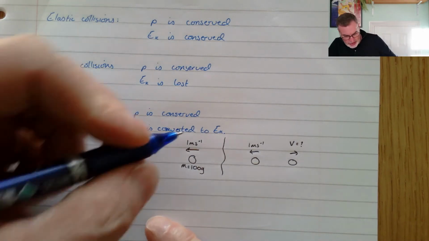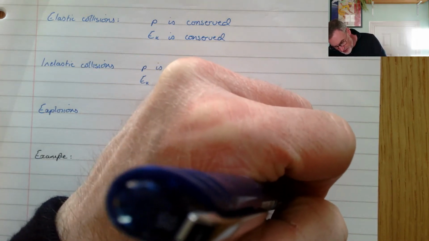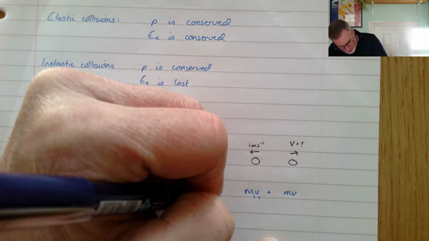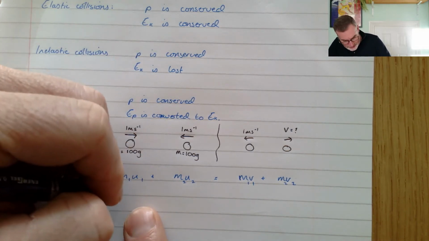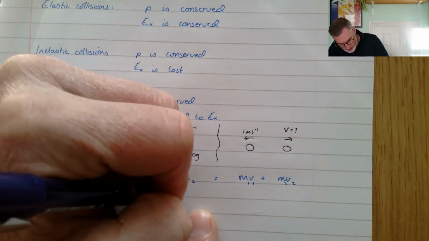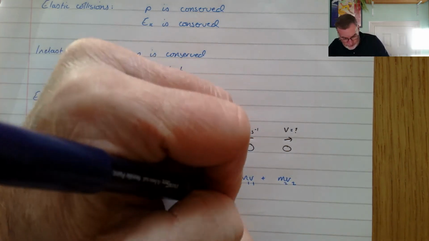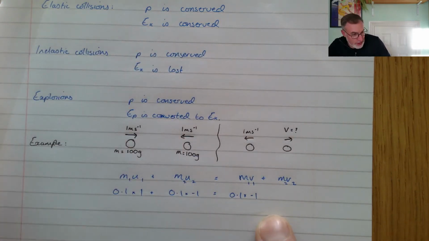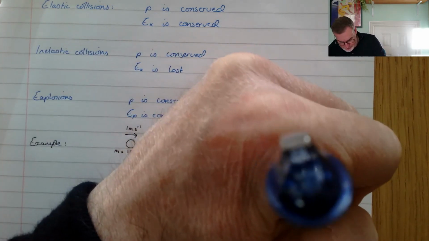So again, what we're going to do, mu, mv, mv. Now, 100 grams, we're going to have 0.1 times 1 plus 0.1 times minus 1, and then that's going to have 0.1 times minus 1 plus 0.1 times V, in this case 2.